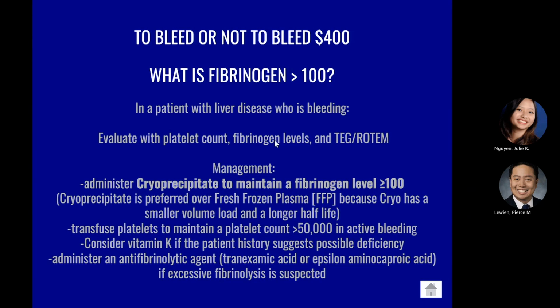When I was a resident, liver patients used to have to get FFP to get procedures done, like thoracentesis. We would give them FFP like crazy, and it would never correct their coagulation, their INRs. Number one, because the FFP doesn't get you down to what they wanted, 1.5 or 1.2.